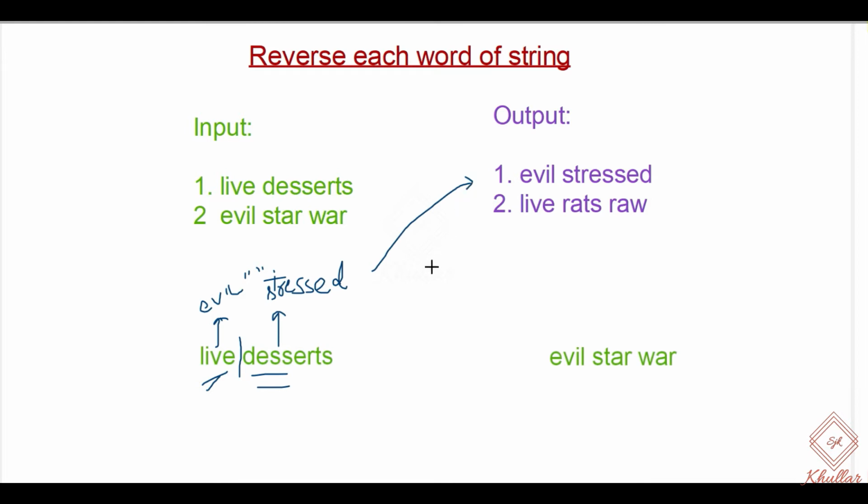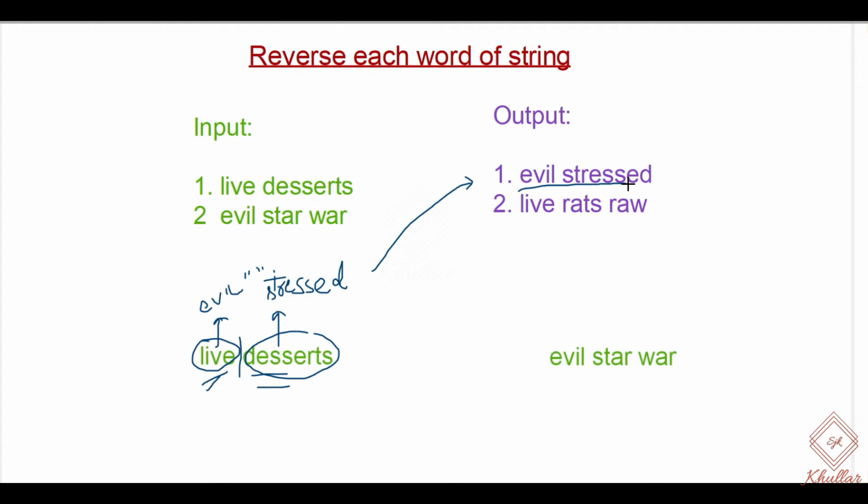So the idea is to split the string on the basis of the space character, then reverse each word of the string, reverse "live", reverse "deserts", and then join them together. Then we are able to achieve our result.